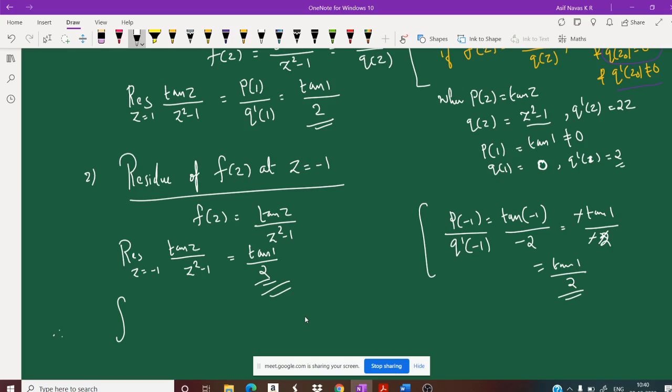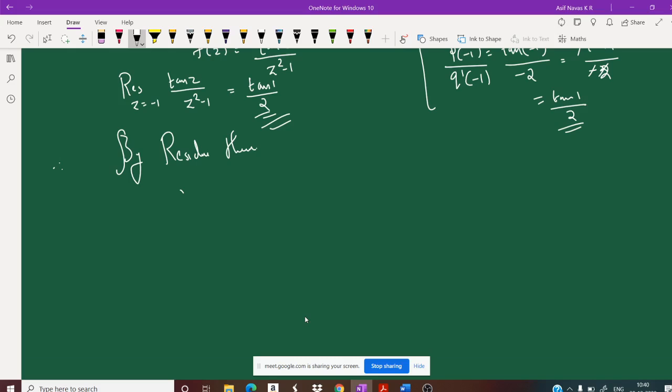Therefore, by the residue theorem, what will be the integral? The integral over c of tan z divided by z square minus 1 dz is equal to 2 pi I into the sum of residues.